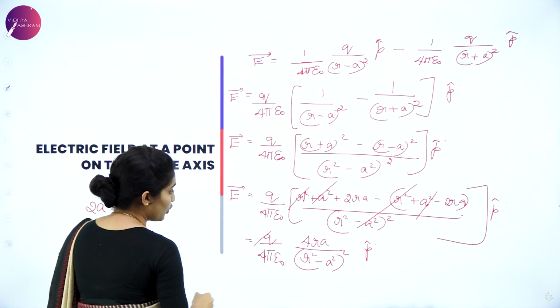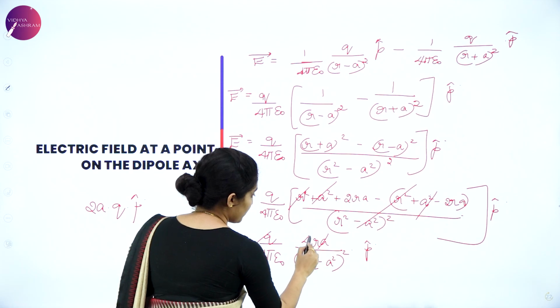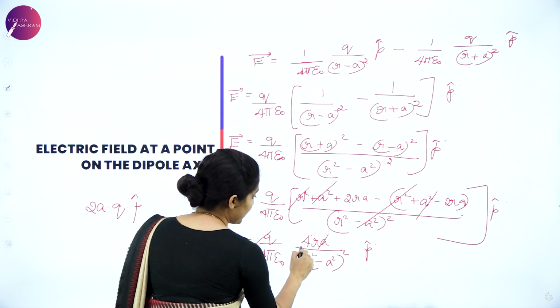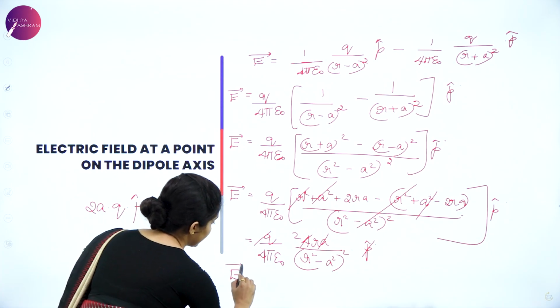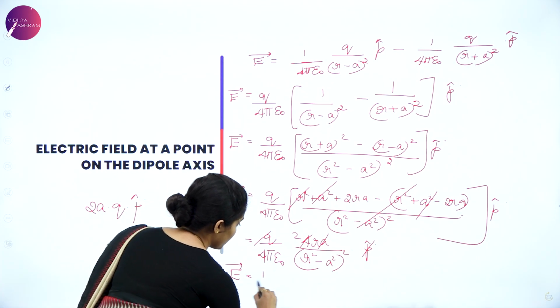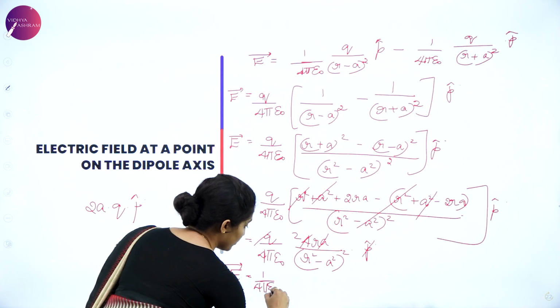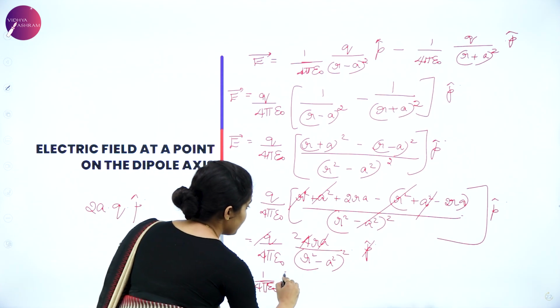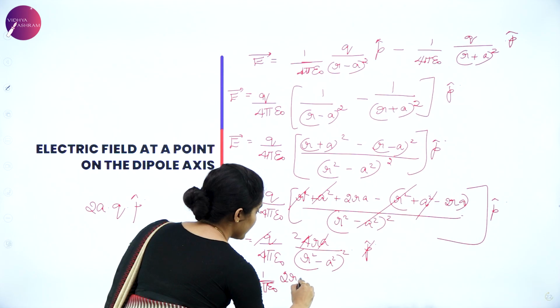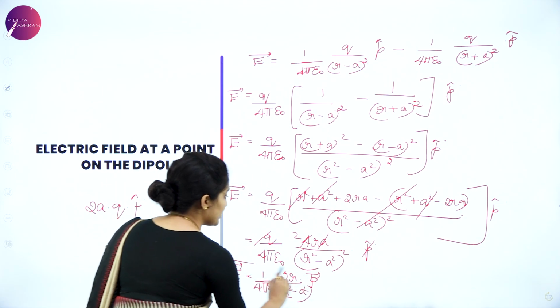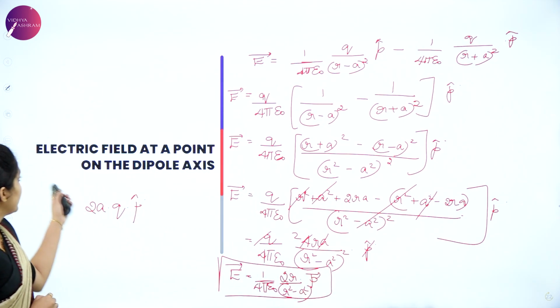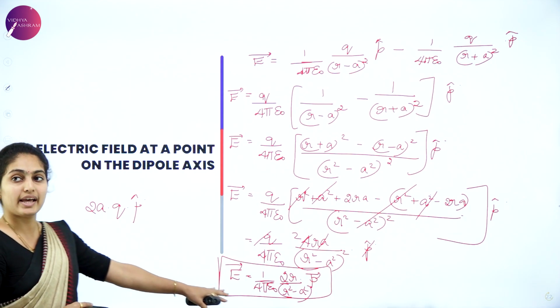So from here Q goes, from here A goes, from here 2 goes and 1 will remain, and from here P cap will go. So total, vector E is equal to 1 by 4 pi epsilon naught into 2 times R into P vector divided by (R square minus A square). So this is the final equation of electric field at a point on a dipole axis.